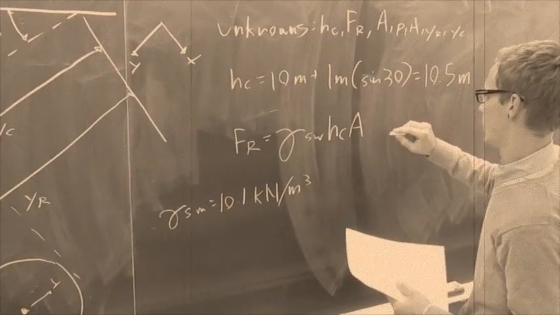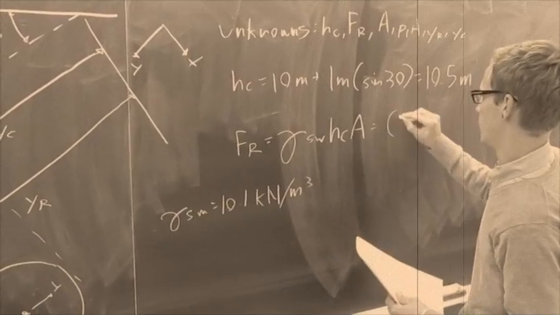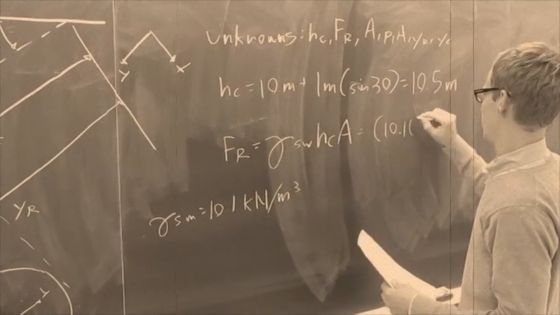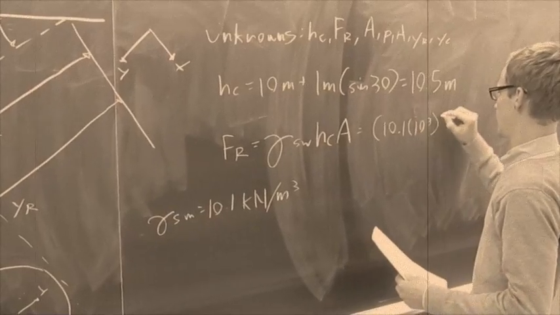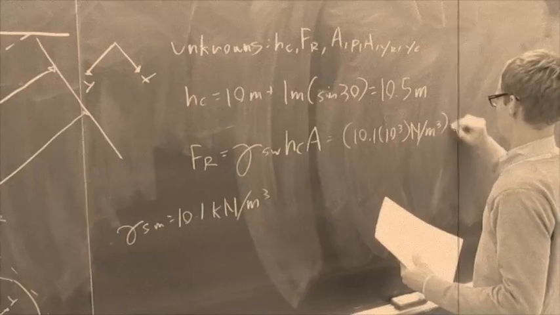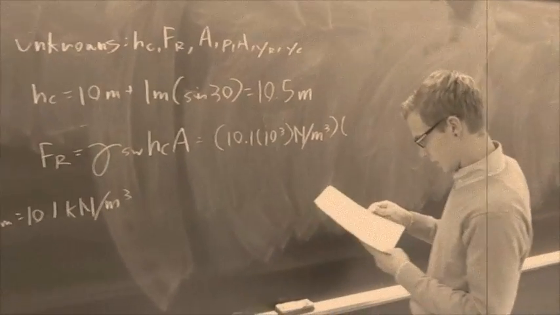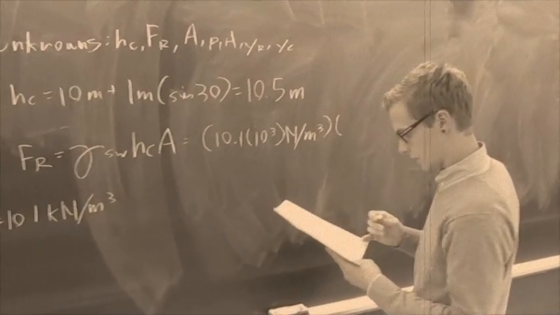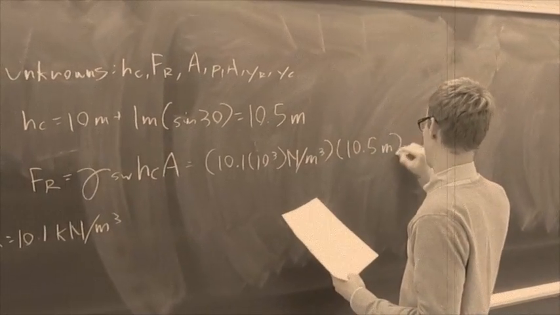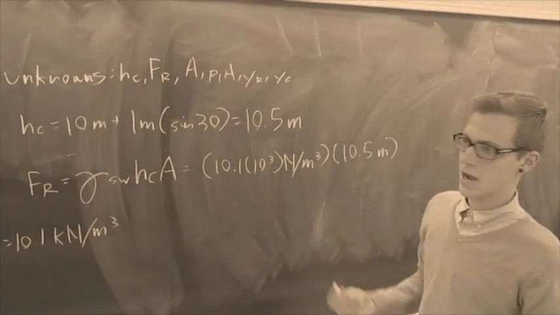You know that gamma seawater, as given there, we'll put that as 101 times 10 to the third newtons per meter cubed, times the Hc, which is 10.5 meters, times A, which is pi r squared.